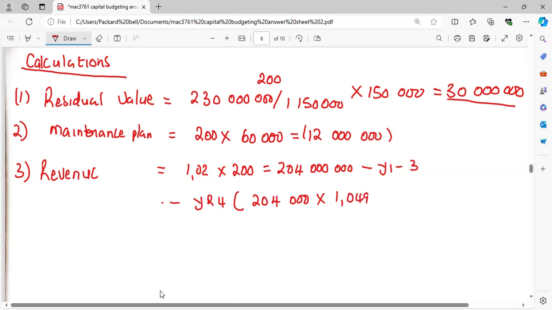How much are we going to have there? 213,996,000, which we round to 214 million. So this is how we answer.